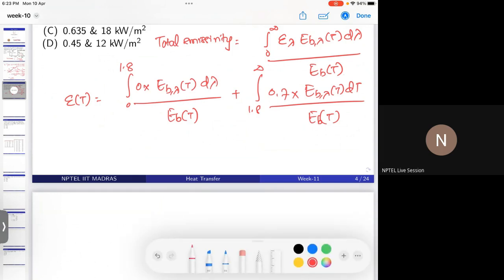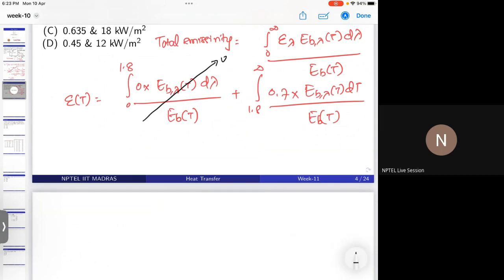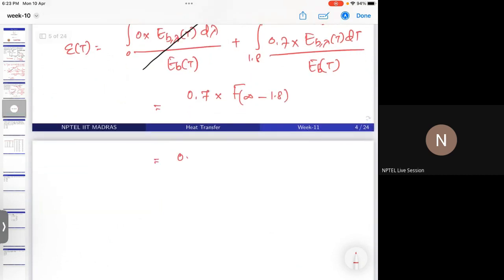So this part becomes 0 and this is 0.7 times the black body radiation function, I hope you remember, F from 1.8 to infinity. So we can write it as 0.7 into the black body radiation function from 0 to infinity minus the black body radiation function from 0 to 1.8. So what is it from 0 to infinity?